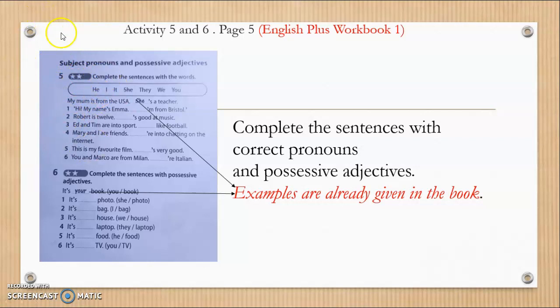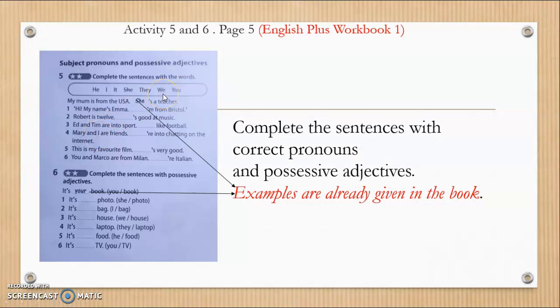For more than one, for example number 3, Ed and Tim, we use the pronoun they. Then number 4, Mary and I. Mary and I is also plural, two persons, but because of the word I, we use we.